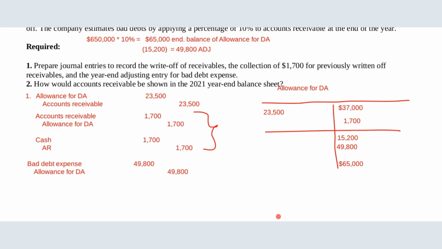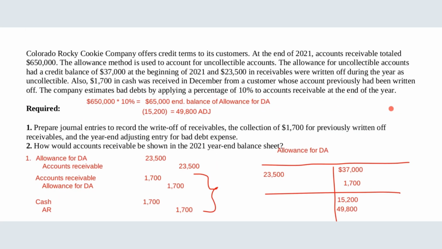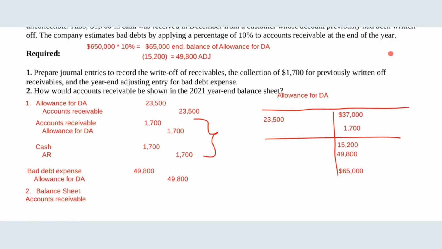So we're going to have our accounts receivable. The gross amount of the receivable is, I don't have an amount. 650,000, right? Less the 1,700. Oh no, I'm sorry. It is 650,000 minus 23,500 minus 1,700.